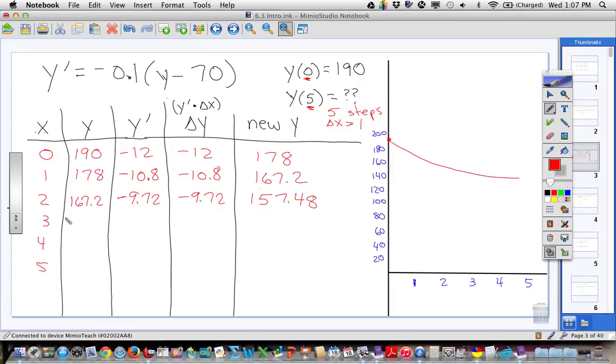Okay. And now I'll just tell you what the rest of them are, and you can write them in, and then you can go back and review this. This could be one you could review as part of your homework. But the next slope is negative 8.75. And when we subtract that, we get 148.73.